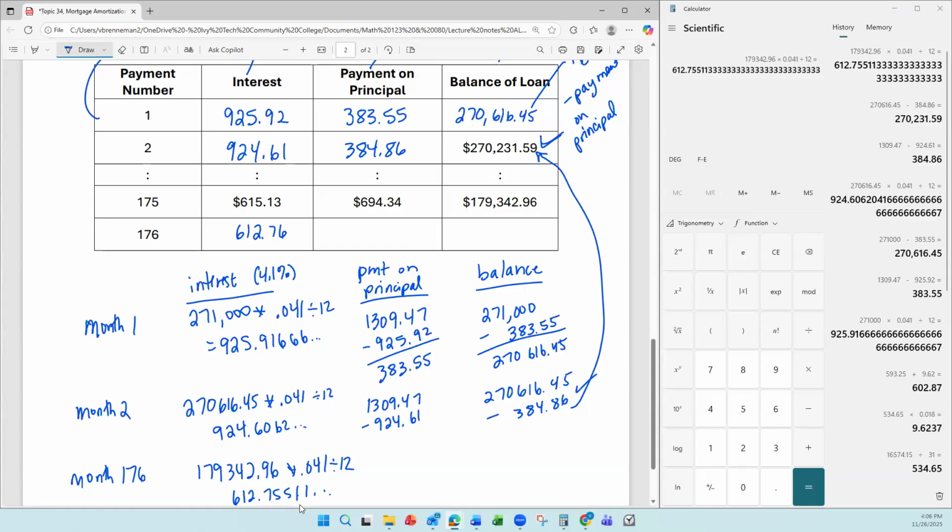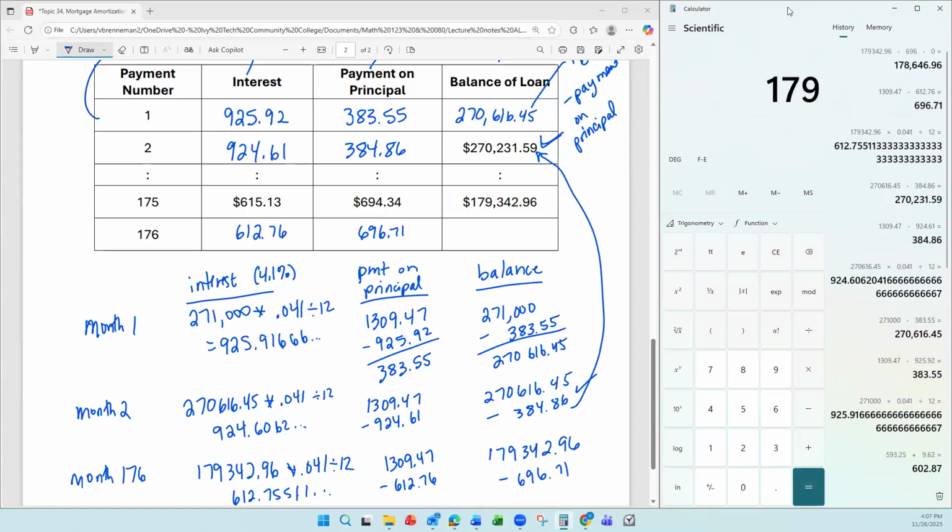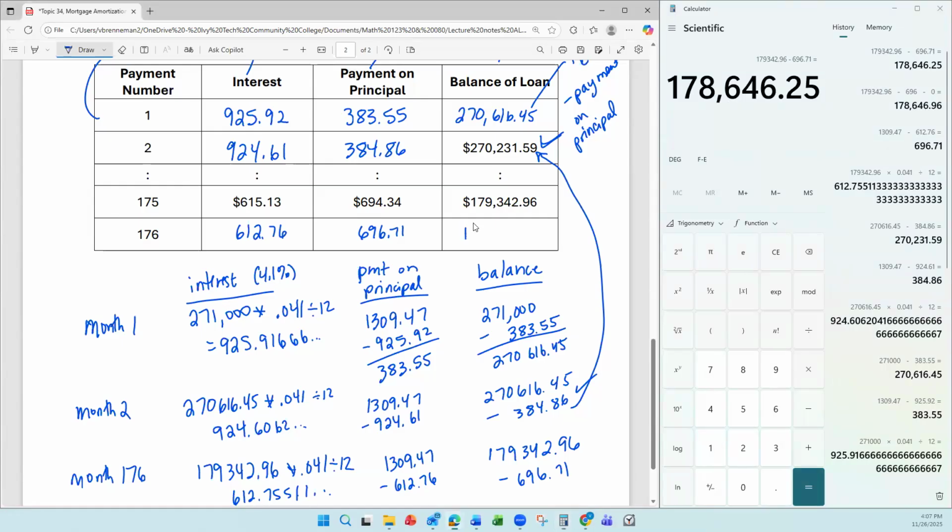Then we have 1309.47 minus 612.76, 696.71, and then 179,342.96 minus the 696.71, 178,646.25.